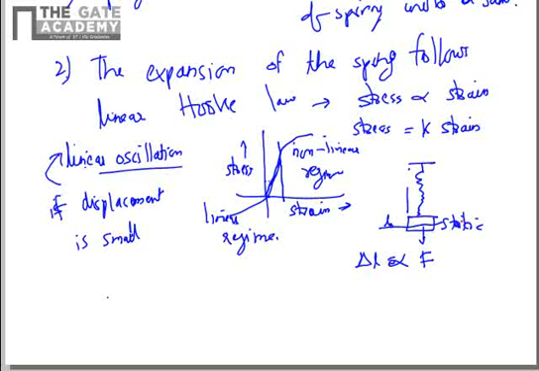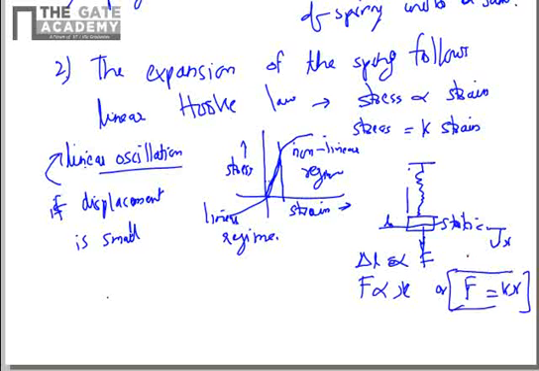If you are considering the displacement as x, then F will be proportional to x, or F is equal to kx. There is a linear relationship between the two. So you have to apply kx amount of force to have x amount of displacement.